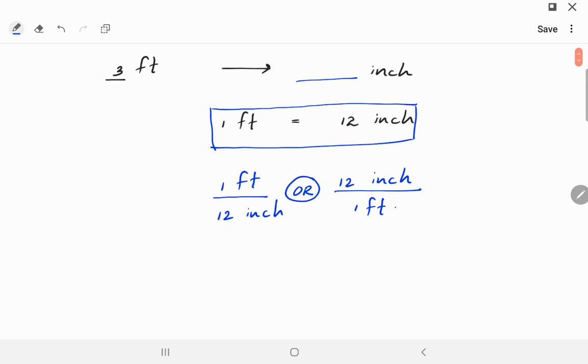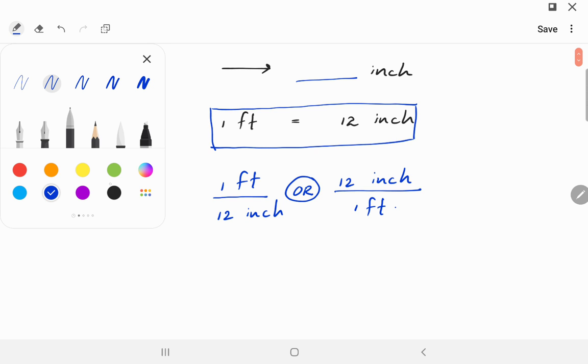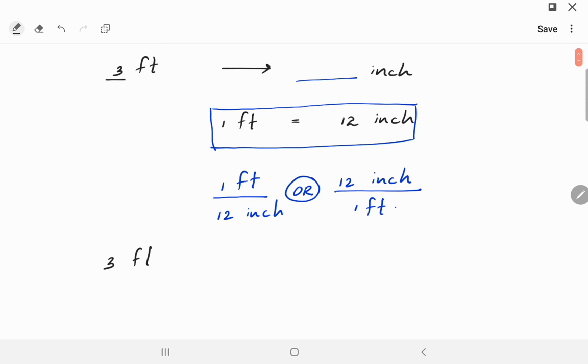Now we need to convert 3 feet into inches using one of these two conversion factors. Which conversion factor will you use? This is the most important part.